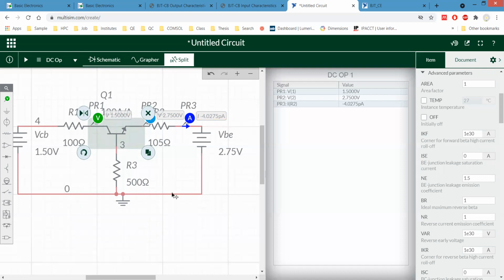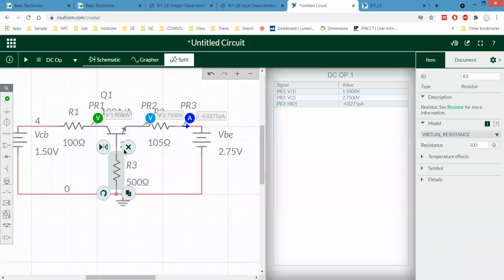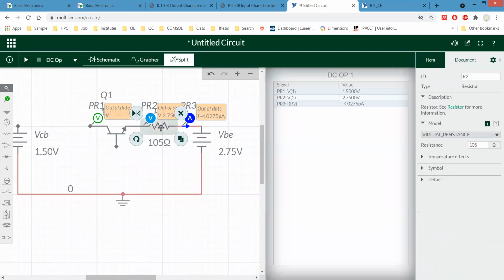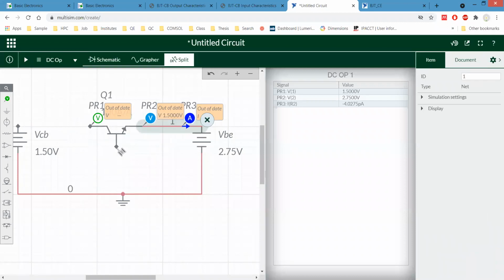Okay, let me do it by removing the resistor. I think we can have the similar study for that VLab one. Okay, I don't know why it is not working, but still let me check it once.